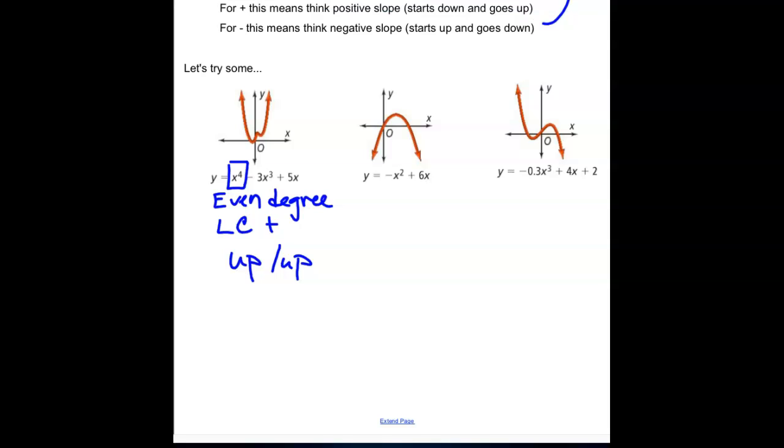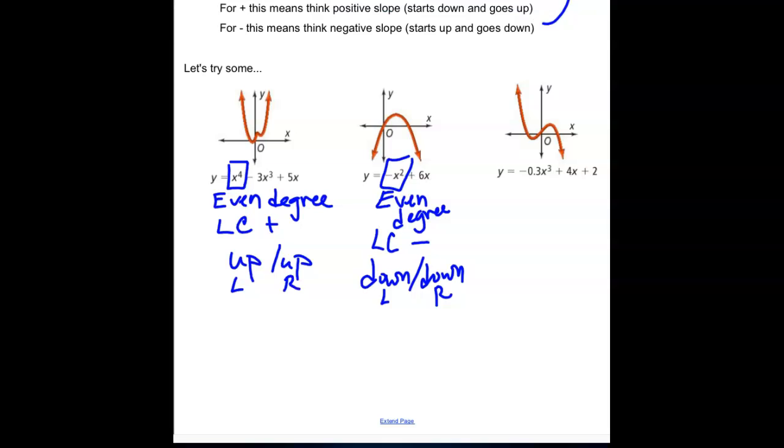For this next one, again, focusing on the first term when it's in standard form. Our degree is even, and our leading coefficient is negative. So we are looking at down, down. So down on the left and down on the right.